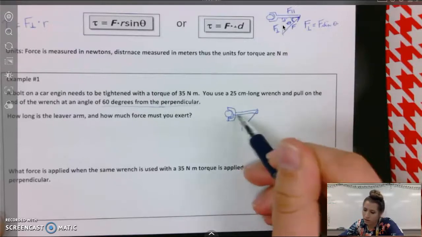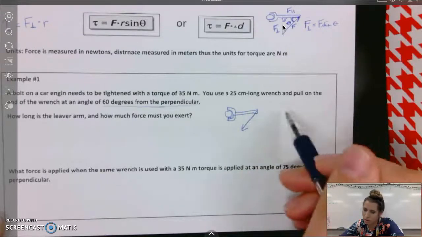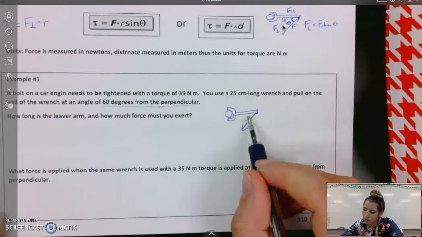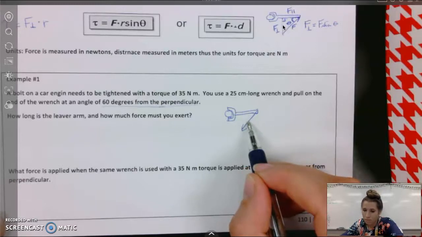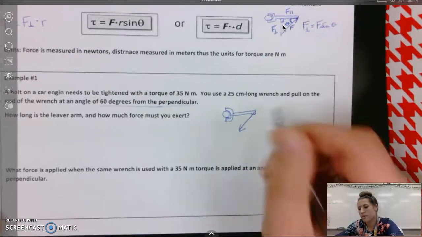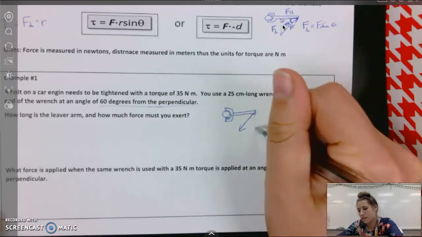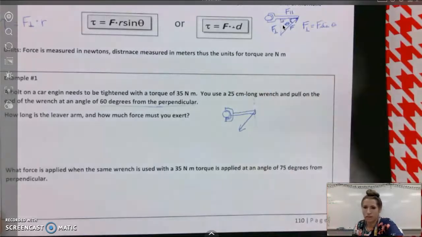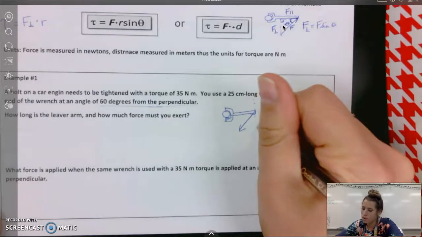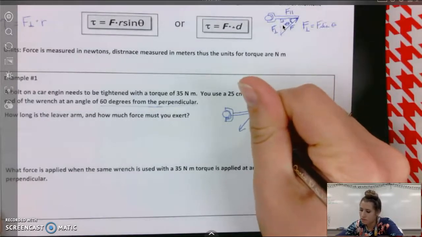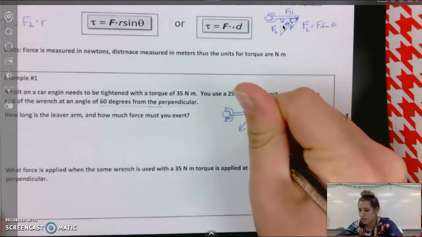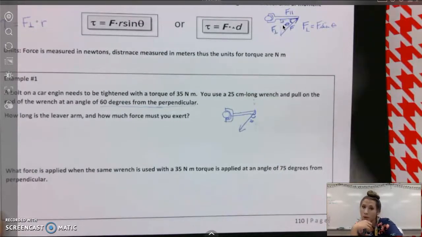Here's my lever arm, so that would be parallel, right? And so if I do this theta, that would be from parallel. But it didn't say that, it said from perpendicular, and perpendicular to this lever arm is right there. And so if I'm 60 degrees from perpendicular, that means that's the theta that we're talking about.